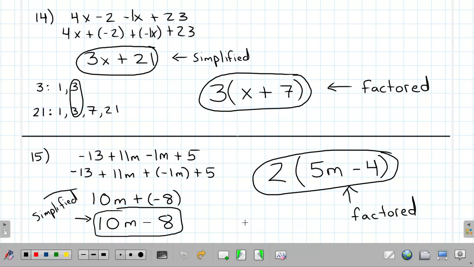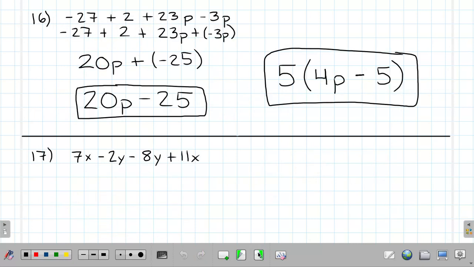Okay. So just be careful on that. You can check, make sure that your factored form is correct. You just got to trust yourself and know that you're doing the simplification right. Once again, this is the simplified version. This is the factored version.